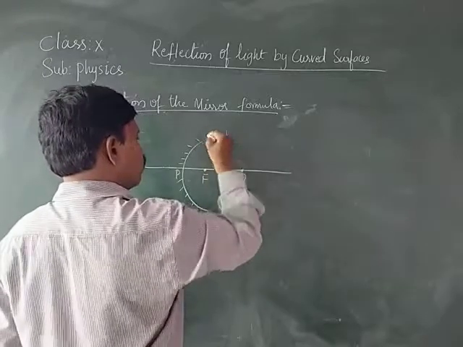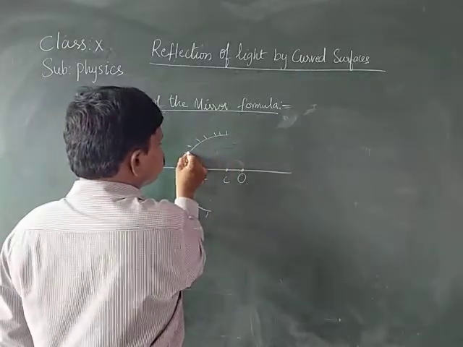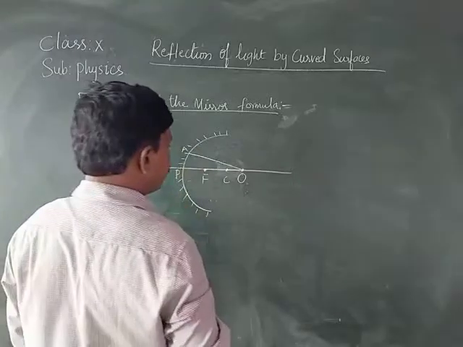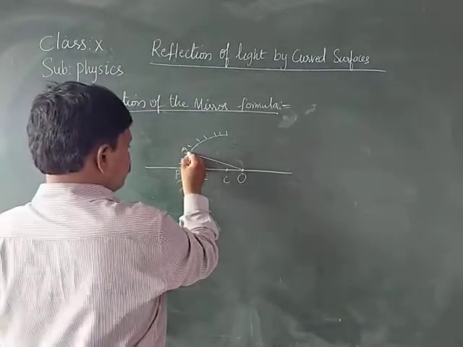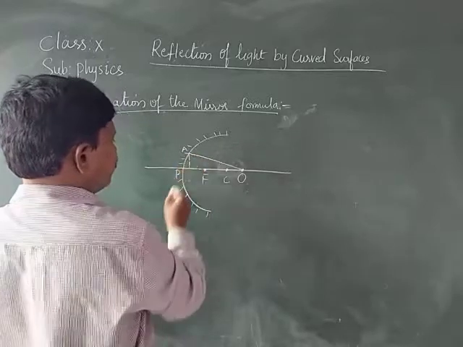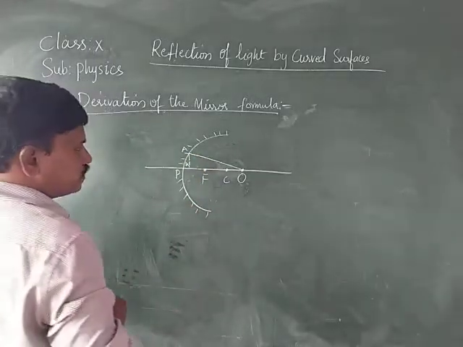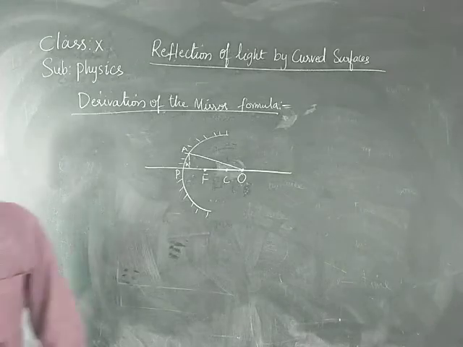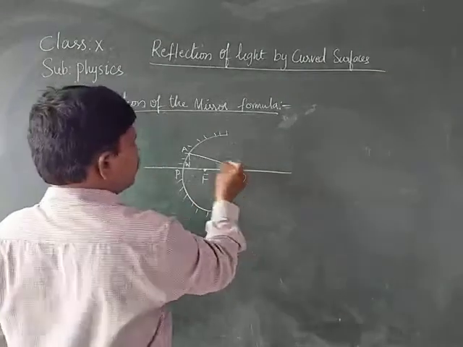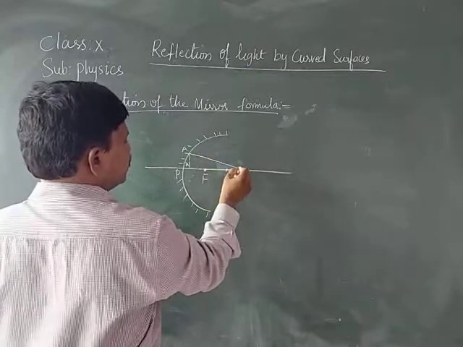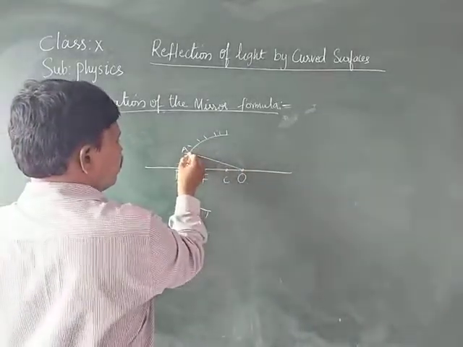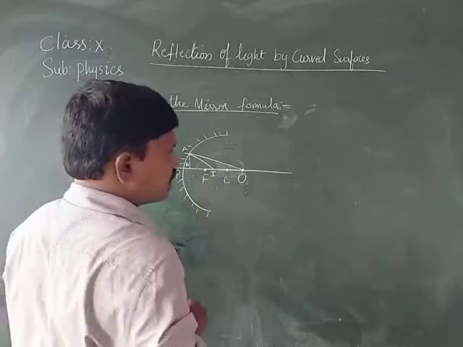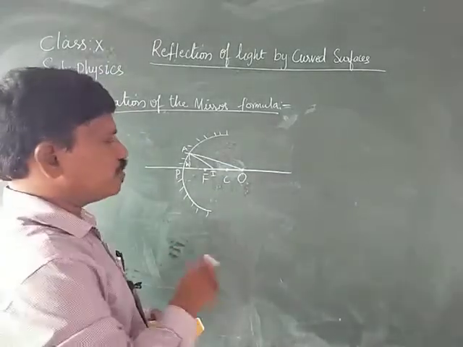The ray is incident at a point A. We draw a perpendicular from A, which we take as H. After the reflection at point A, it is reflected back to a point I on the principal axis.